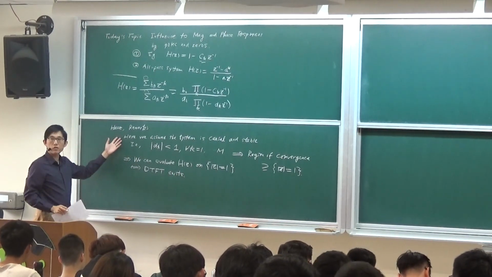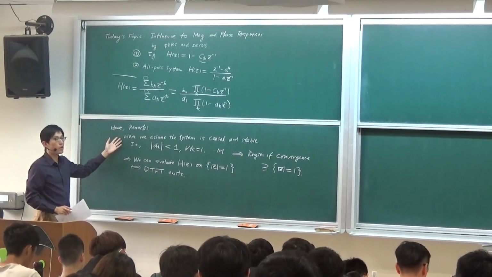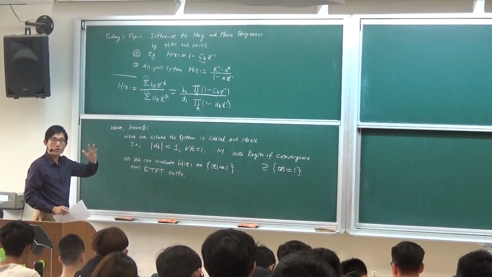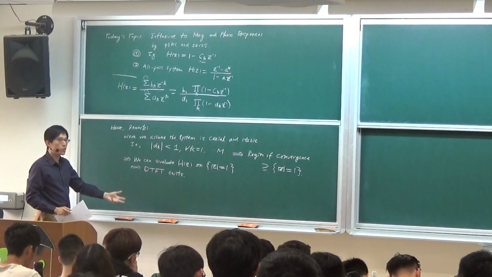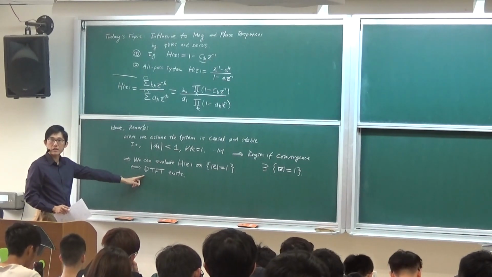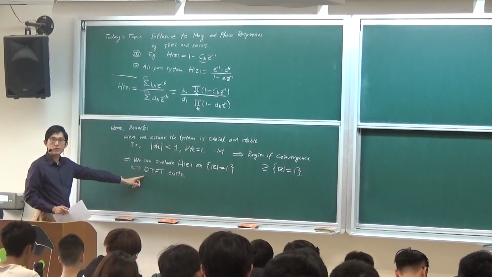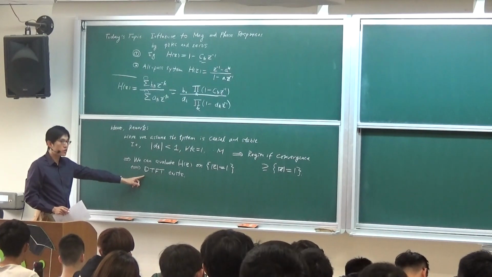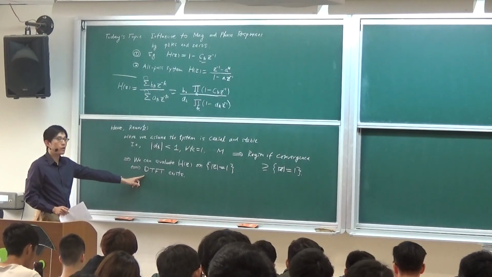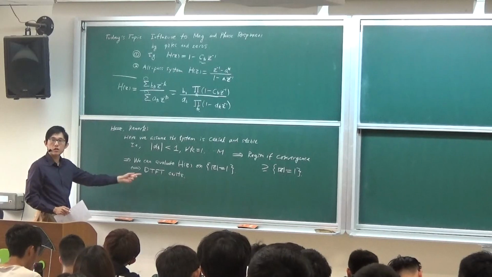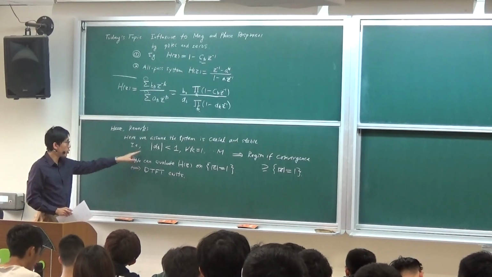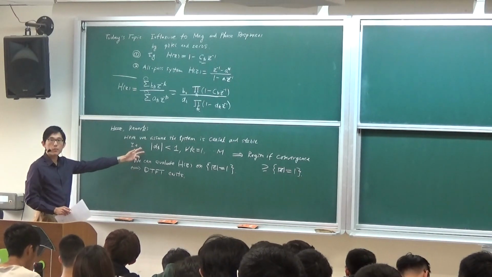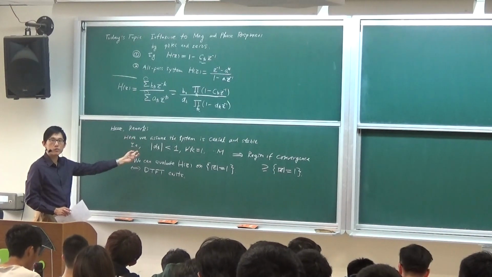So that's the kind of underlying criterion. Every time we talk about magnitude or phase response, we need to assume that the DTFT has to exist. What is a sufficient condition for the DTFT to exist? A sufficient condition is to require that all the poles are located inside the unit circle.